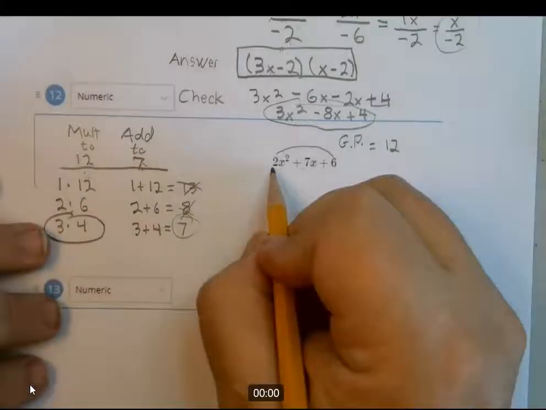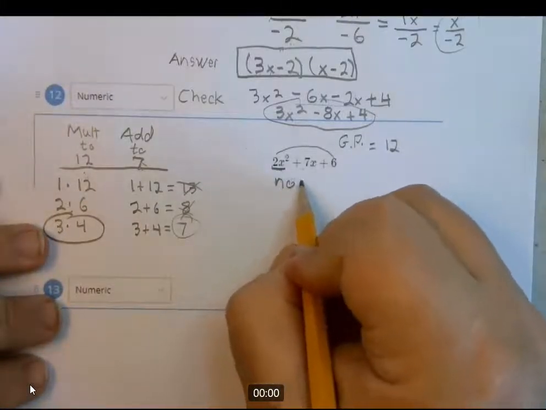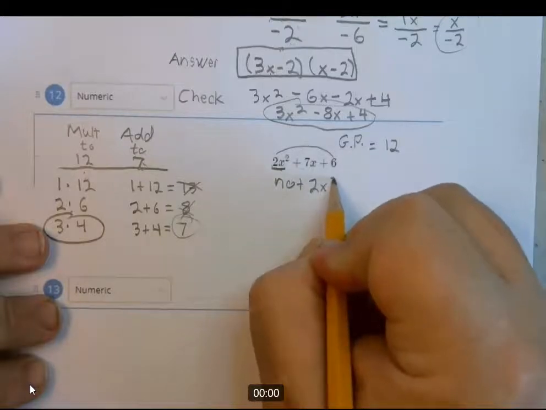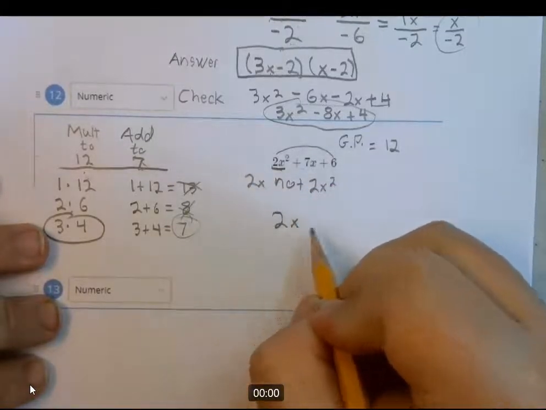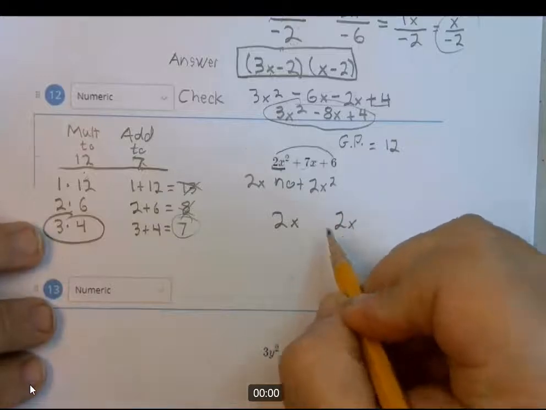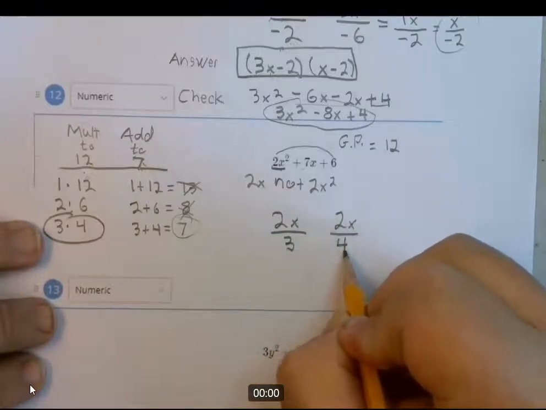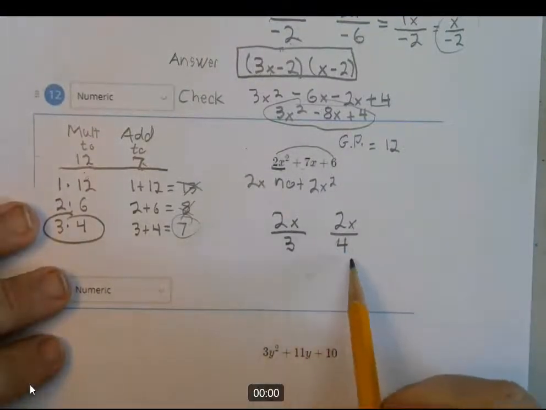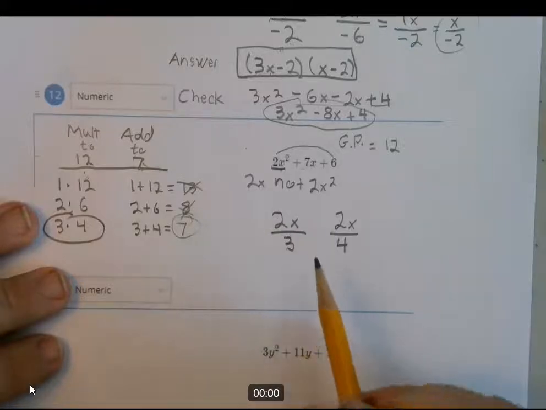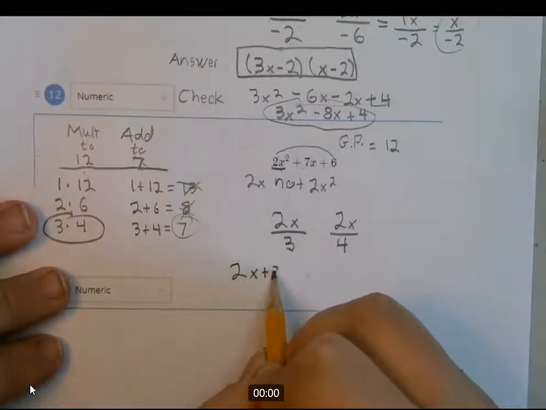So now we come over here and we take the 2x, not 2x squared. We come down here and we write the 2x twice. And we put the 3 underneath this one and the 4 underneath this one. So now from this, we can just magically convert this into our two binomials. First of all, see if anything reduces. 2 over 3 doesn't reduce. So your first term is going to be 2x plus 3.